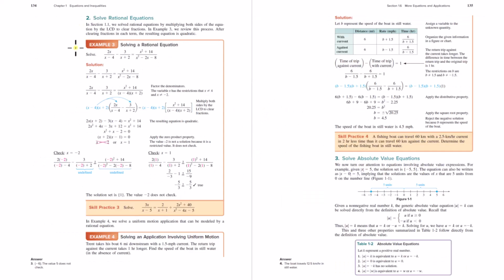Okay, now here they're talking about rational equations again, and all they're doing here is going to another case where we have a rational equation, but when we clear the fractions, the result is a quadratic equation.